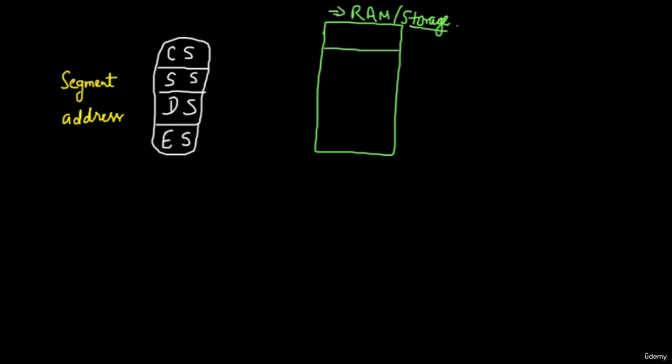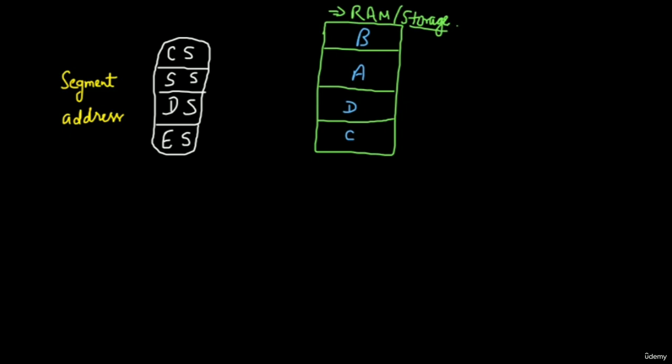So let's say our data, A for example, is sitting here. Here it's B, here it's D, here it's C. I put it very randomly because in reality it's all random data. So what do our segment registers have?